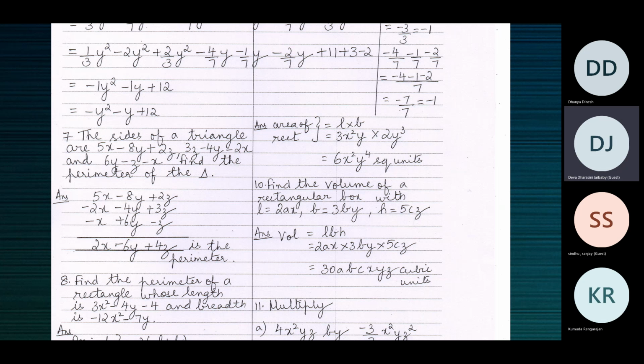Ma'am, the numerical coefficients of Z are plus 2, plus 3, and minus 1. Now what is plus 2 plus 3? Ma'am, we have to add, so 2 plus 3 is 5, ma'am. And then minus 1, we have to subtract 1 from it. We will be getting 4Z, ma'am.